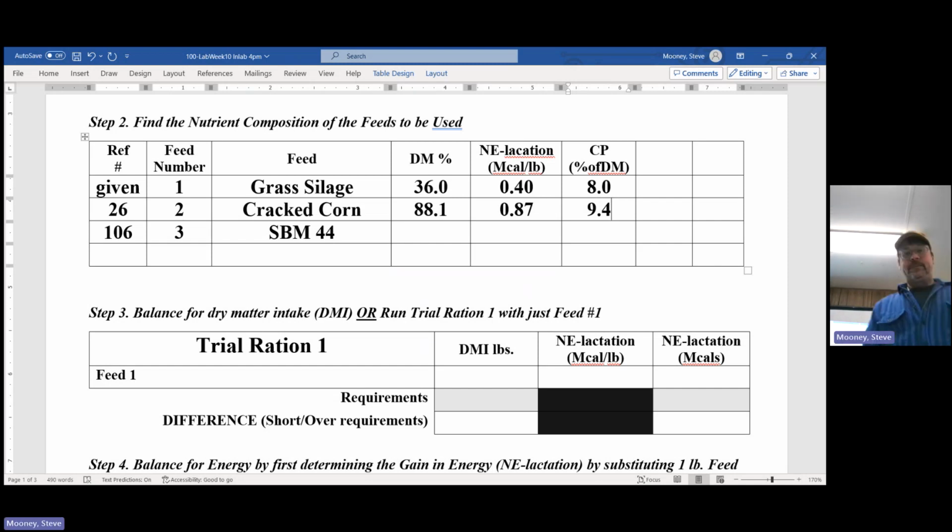What's our dry matter? 89.1. What's our energy value? I went the wrong way.